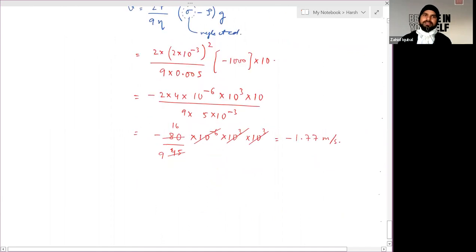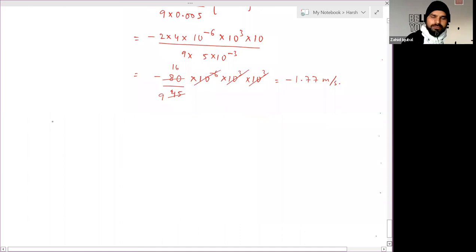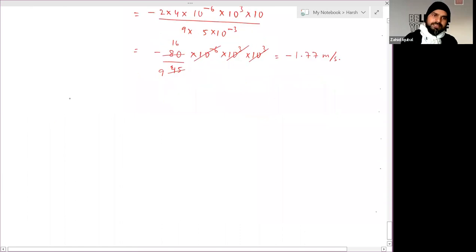Now, related to this part, you'll be asked to calculate in terms of combination of drops. So let's say we have some number of drops, or simply raindrops, which were initially falling with some terminal velocity, let's say V1.